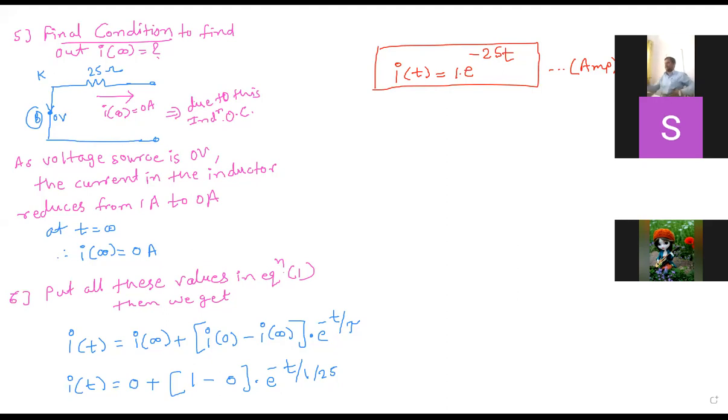As only one resistor value is here, series circuit is there, you can go for normal method. If multiple resistors or parallel combination will be there, you can use the final value theorem. But I showed by using final value here. You can try as a homework by taking the normal method.